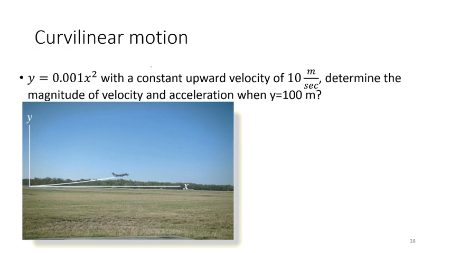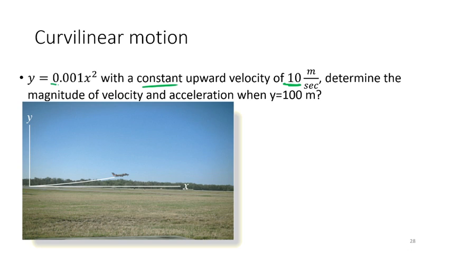Let's solve it with a given problem. We have an airplane that moves upward with a velocity of 10 meters per second. It moves up with a constant velocity, which helps us.